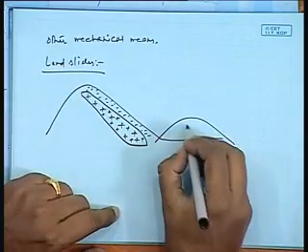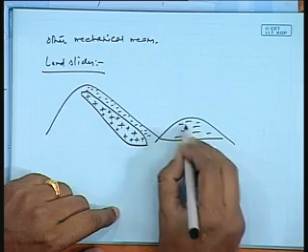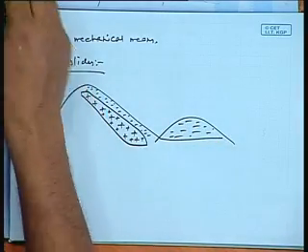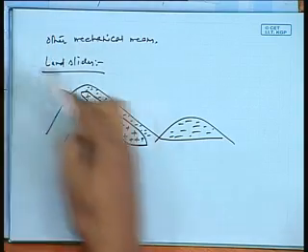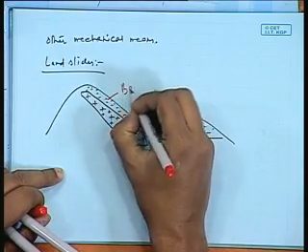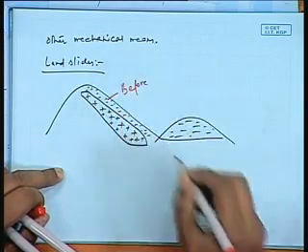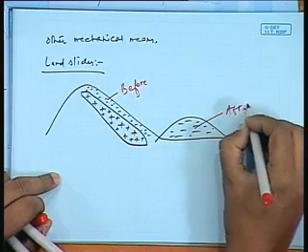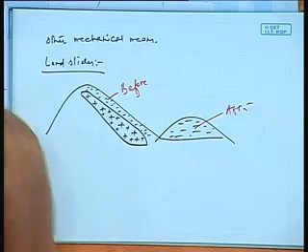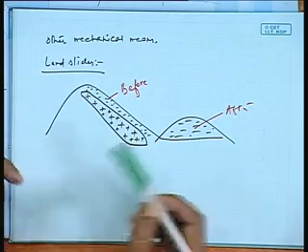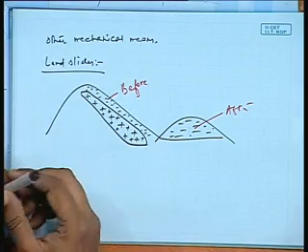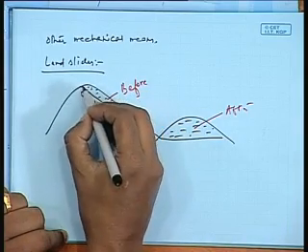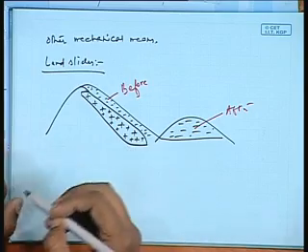So the whole soil would be forming. This one was before. This one is after. After this has taken place, what we observe is this total material has moved.